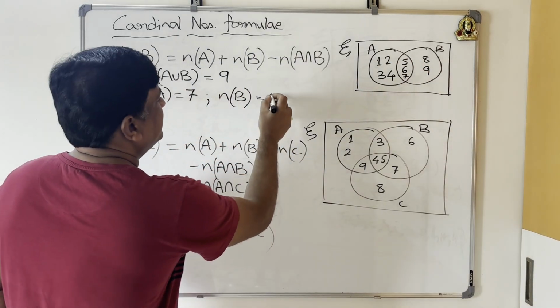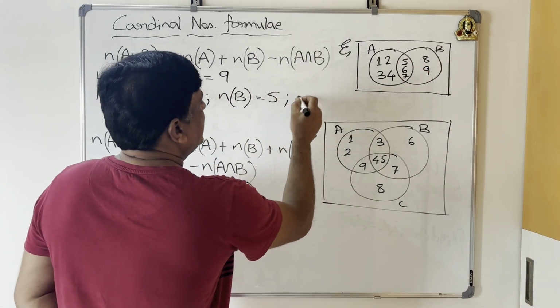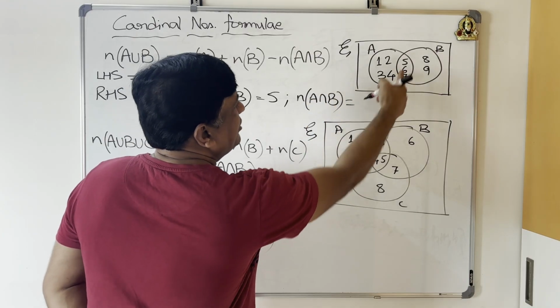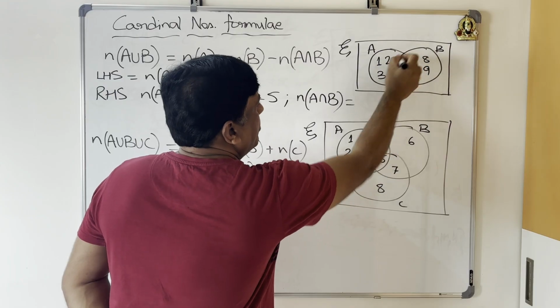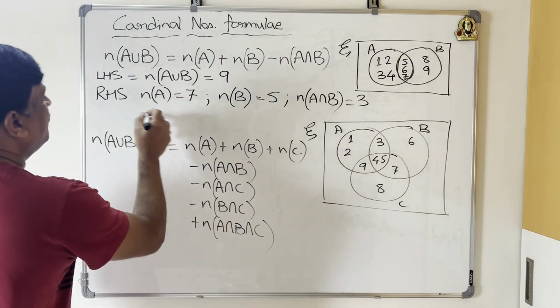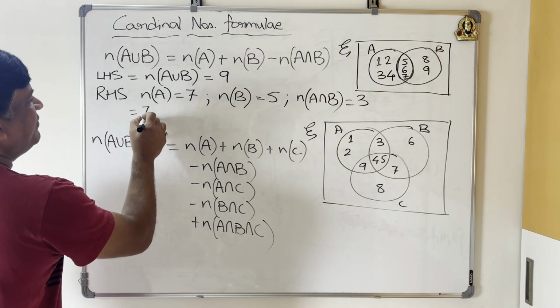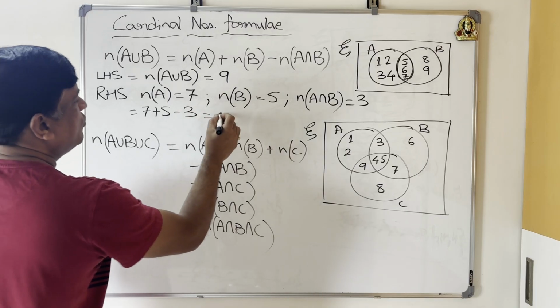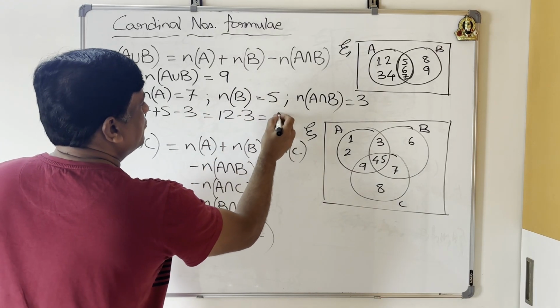You have 5 elements, right? Similarly, N of A intersection B. How many do you have in this common area? It's 3. Now, if we put them all together in the formula, it says 7 plus 5 minus 3, which is 12 minus 3, equal to 9.